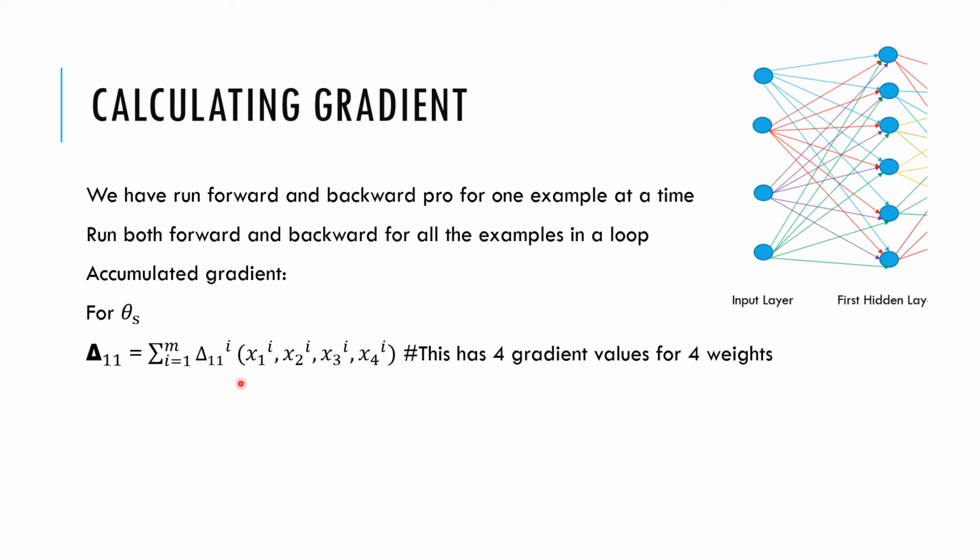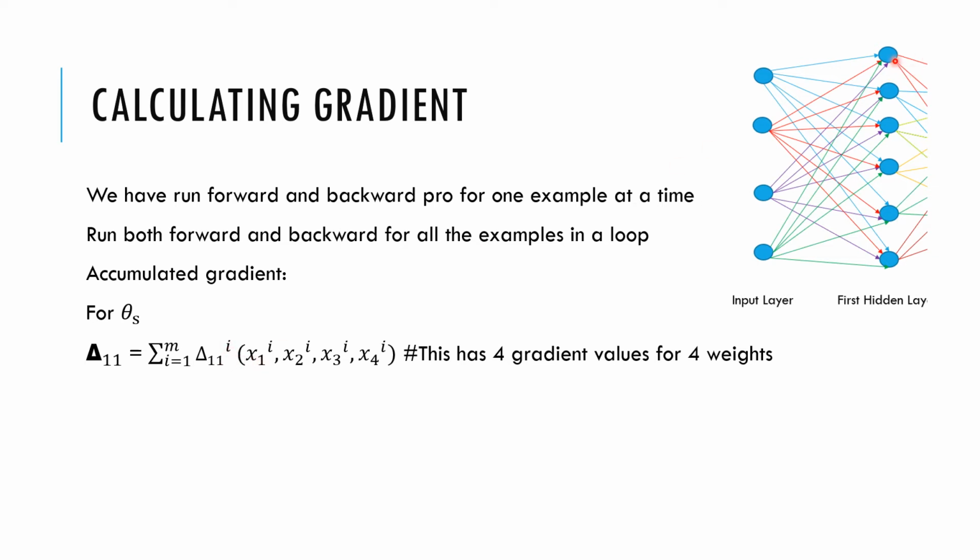Now, to calculate the gradient in each example, we multiply the error term in the first example, delta 1 1, where i stands for the example, the row number in the data set. So i goes from 1 to m. If there are 5,000 rows, then m is 5,000. In the first example, we went through forward propagation and backward propagation, so we got delta 1 1 for the first example.